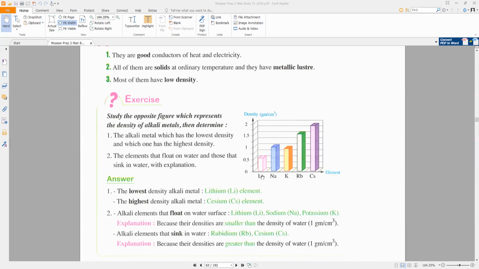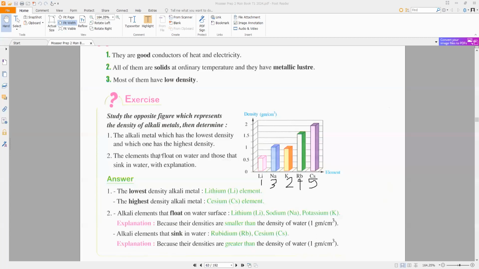In order of density from smallest to largest: lithium number 1, potassium number 2, then sodium number 3, then rubidium number 4, and cesium number 5.